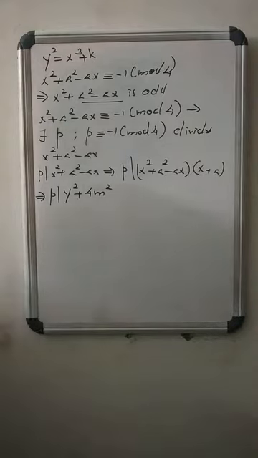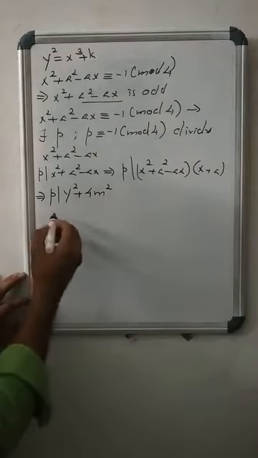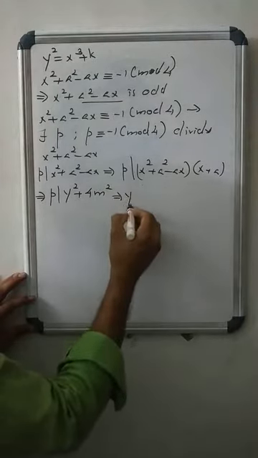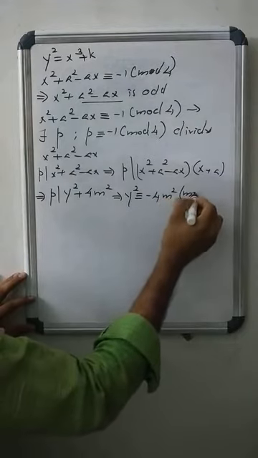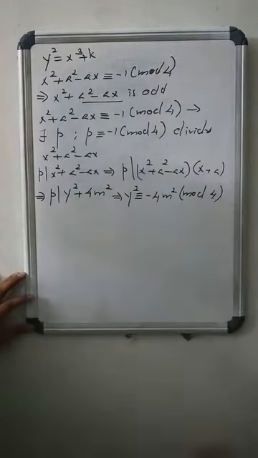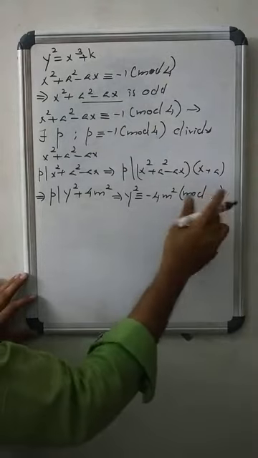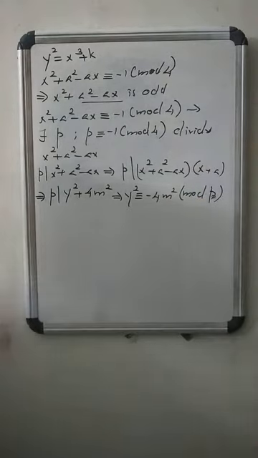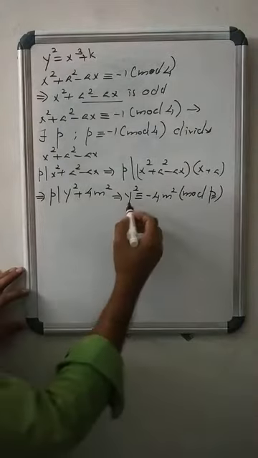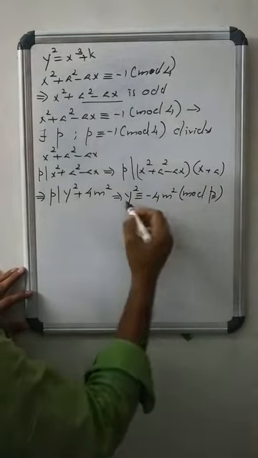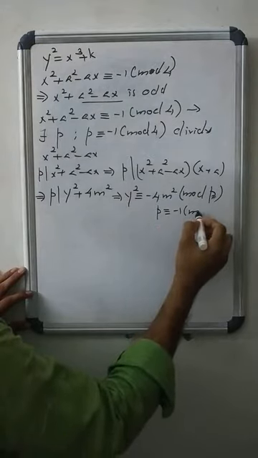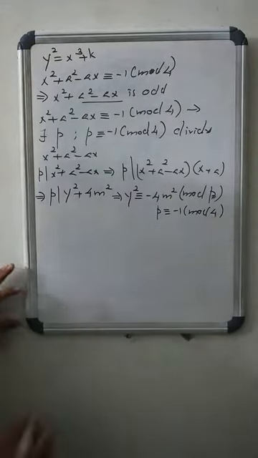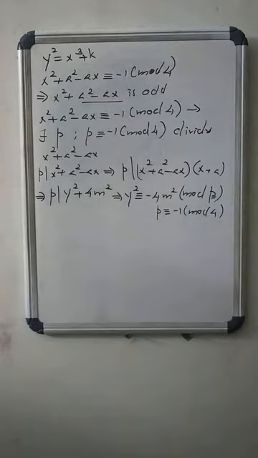P divides y square plus 4m square means, what is y square? That means y square is congruent to minus 4m square mod p. Okay, so for some prime p congruent to minus 1 mod 4, there is y square congruent to minus 4m square mod p. Clear?